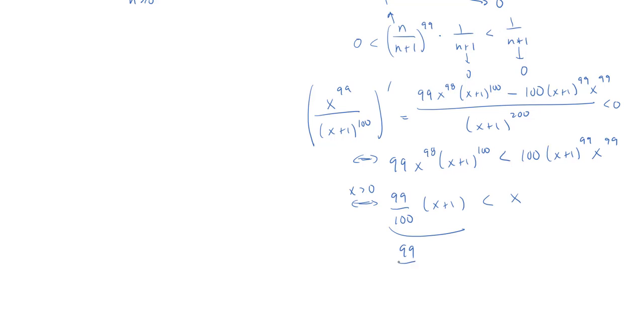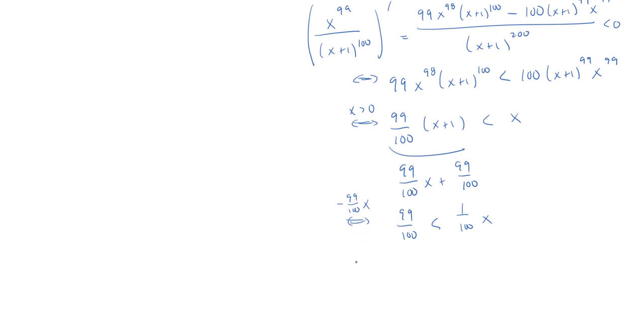This is 99 over 100 x plus 99 over 100. I can now subtract 99 over 100 x from both sides, and I'll be left with 99 over 100 is less than 1 over 100 x. All right, let's clear denominators, multiply through by 100, and I get that 99 is less than x.